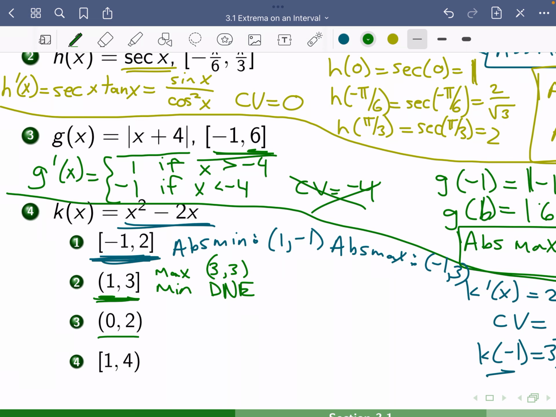The next one, we are looking at an interval from 0 to 2. When we look at this interval, we are going to find no absolute maximum.